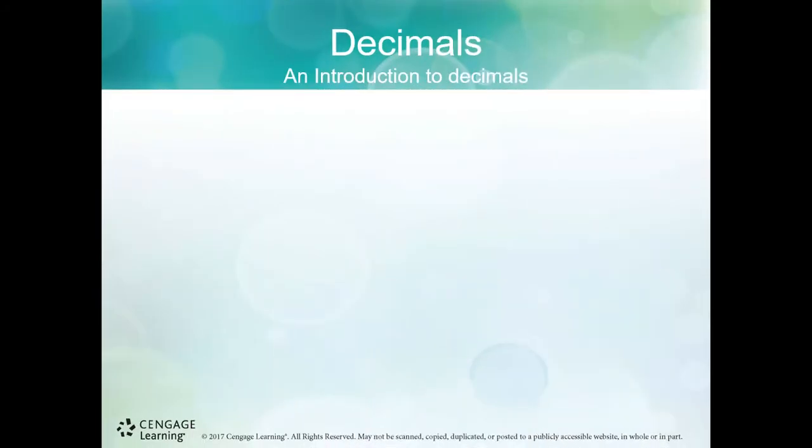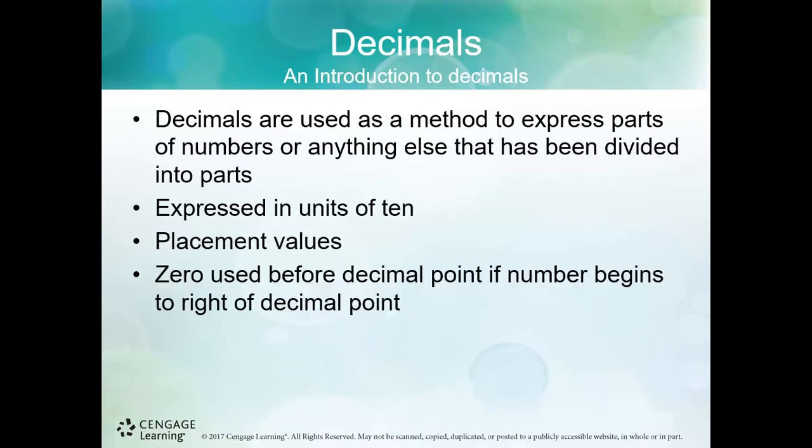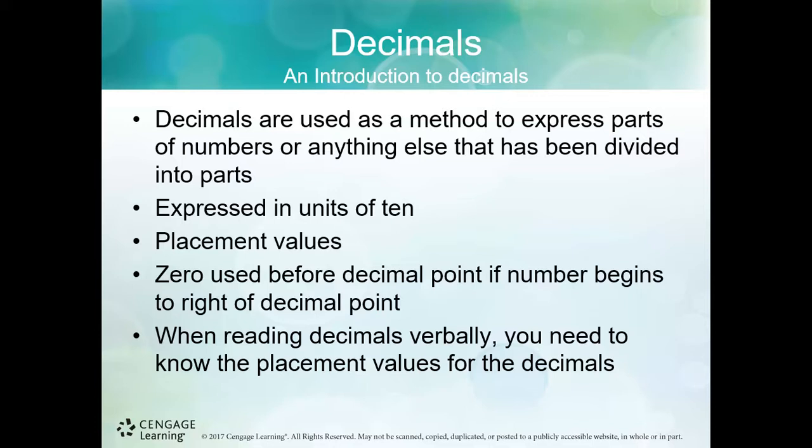Okay, decimals are used as a method to express parts of numbers. They're expressed in units of 10, and it's important to be able to understand what decimals mean, and certainly to calculate numbers with decimals. Very important that a 0 is used before a decimal point if the number begins to the right of the decimal point.